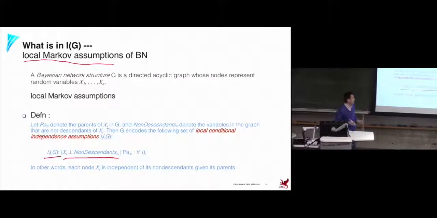You can safely claim that xi is independent of all its non-descendants, not anything downstream in the graph, and not directly upstream because those are the parents. Anything else is independent of xi given the parents. You can run this oracle for the whole graph and get a set, and that's called the I-local of G.